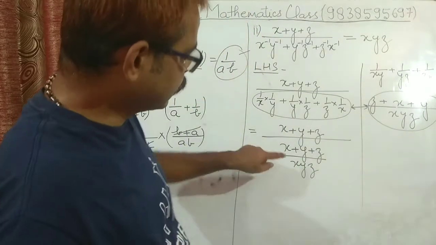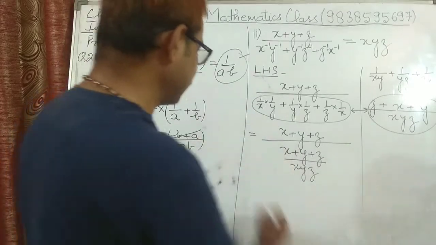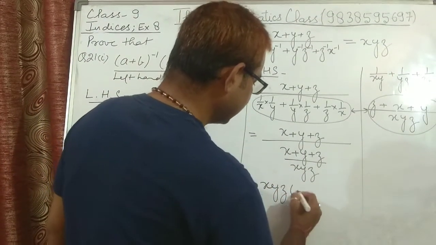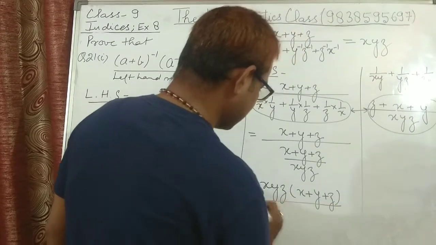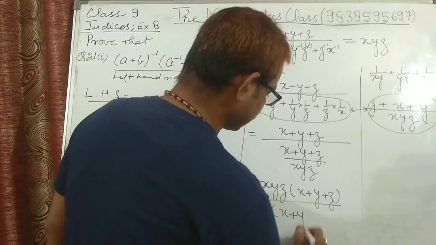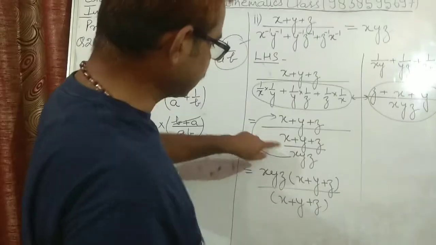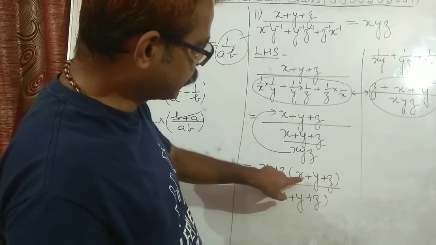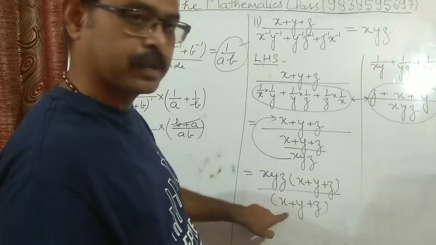You know that the denominator of the denominator goes to the numerator, as in the previous question we have written. So xyz into (x plus y plus z) upon (x plus y plus z). Since it is multiplied, it is written xyz into (x plus y plus z), and now the denominator is x plus y plus z.